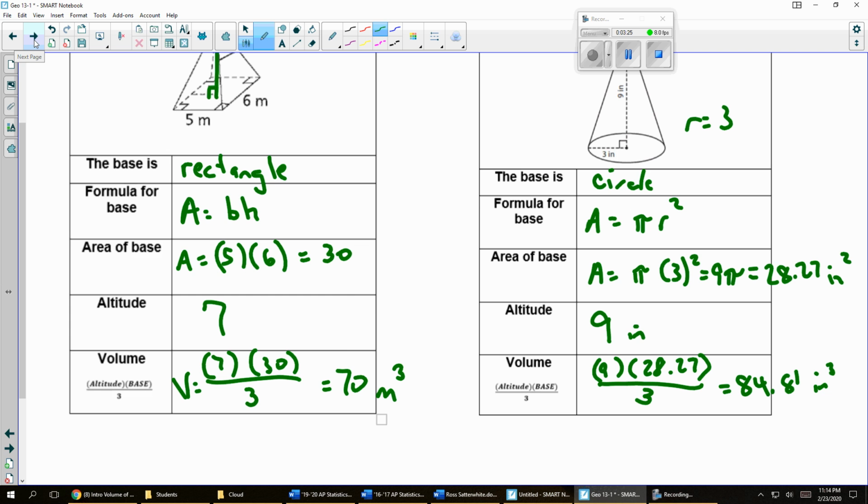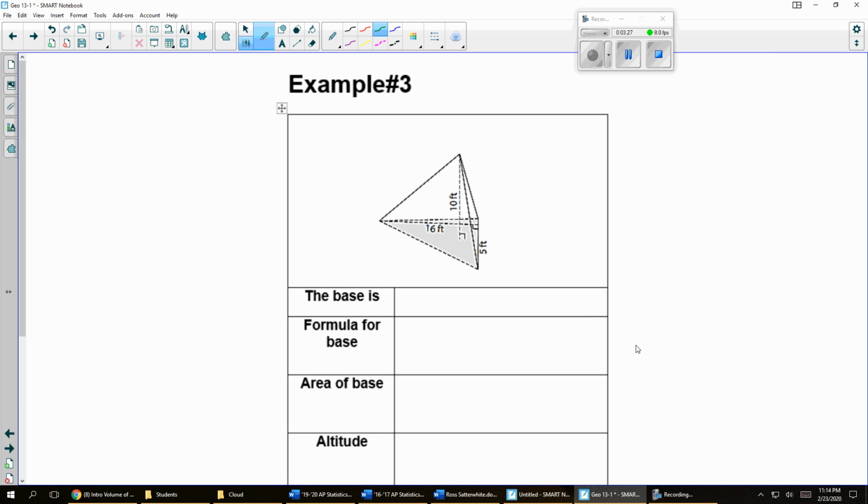Looking now at example 3, it kind of takes you a second perhaps to look at what this shape is going to be. We can see this shaded part here is a triangle. That's what's on the bottom. So the base of this is a triangle. Now a triangle's formula is base times height divided by 2.